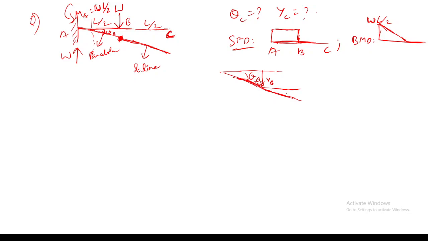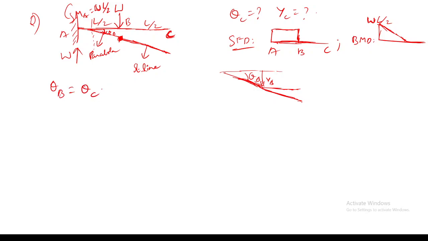What will be the slope at point C? If I draw a tangent to this, won't it be the same straight line? Yes, sir, same. So what will be the value of theta C? Whether it will be equal to theta B? Yes, sir. So that's the point I want to make here. Theta B equals theta C in this case.